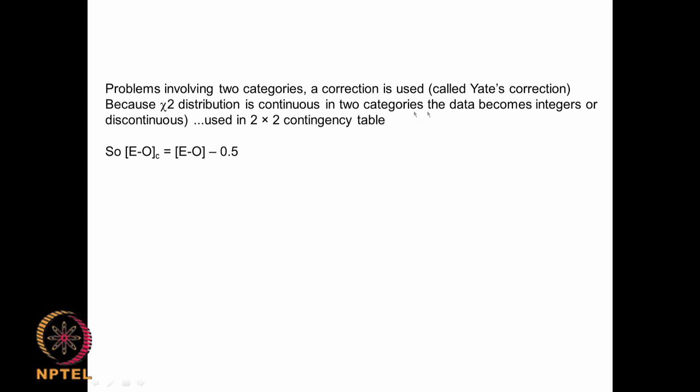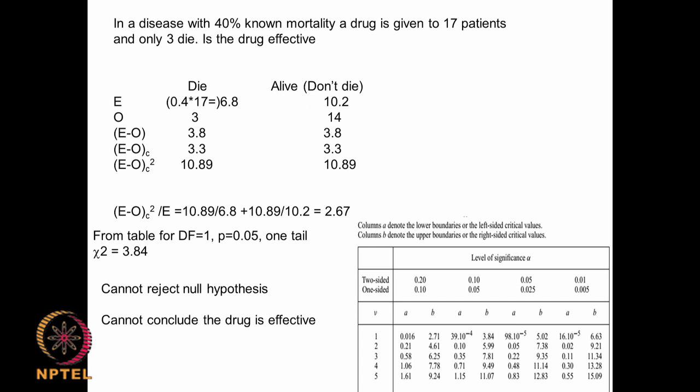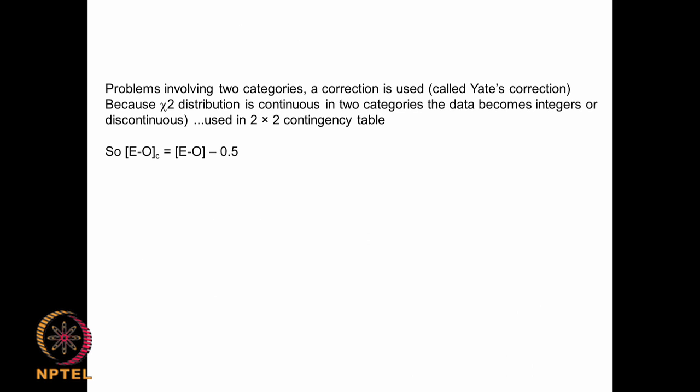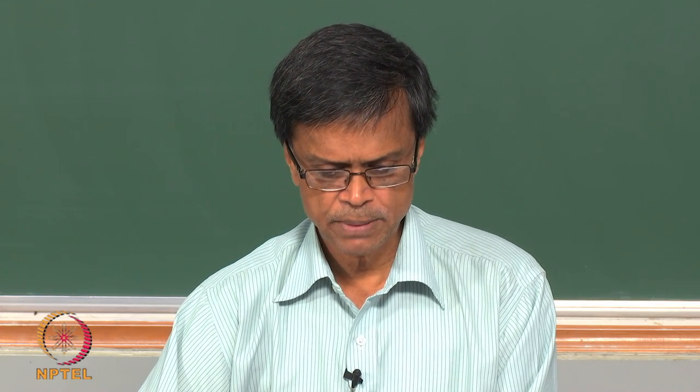This is valid when we are talking about a 2 by 2 contingency table with integer data, especially situations like drug working, not working, yes or no. One very important point is that when expected minus observed is already negative, we cannot subtract a further 0.5 from it and take it below 0 value. That is not permitted.